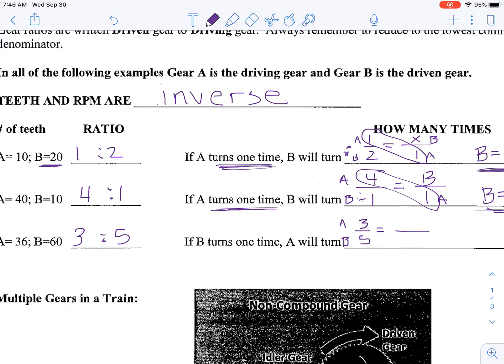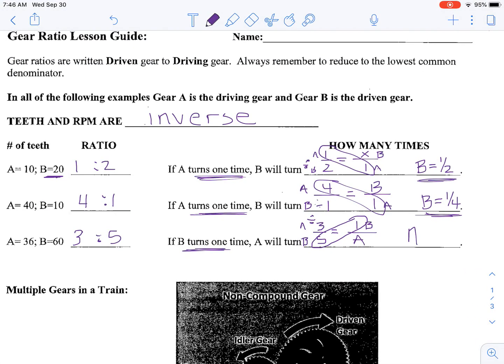This one is asking if B turns 1 time. So we set the B up opposite of where it is on the left-hand side. And A is the part that we don't know. So this time we're going to be cross-multiplying this way and dividing by 3. And we get that A will turn 1.67 times.